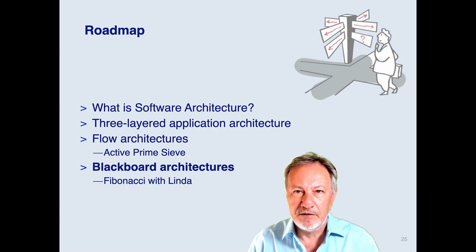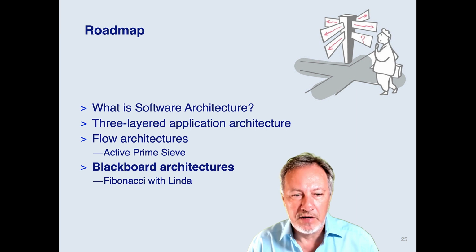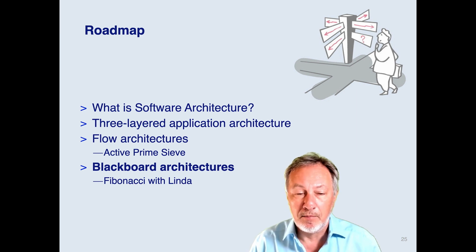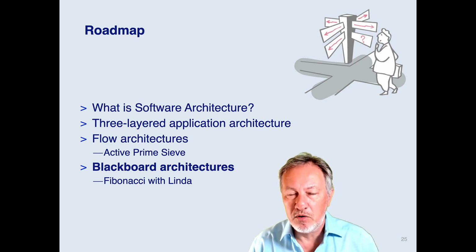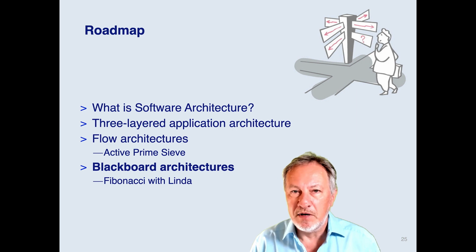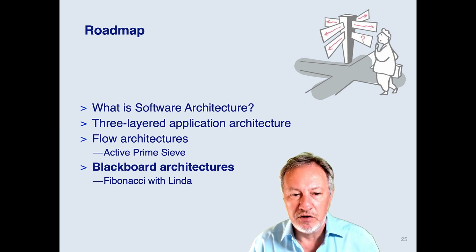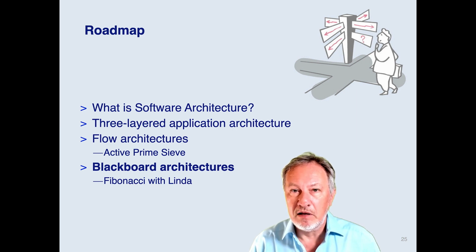In this last section of today's lecture, we're going to look at Blackboard architectures. This is a very nice kind of conceptual framework, which has been implemented in a variety of so-called coordination media or coordination languages to support particularly data flow style architectures.